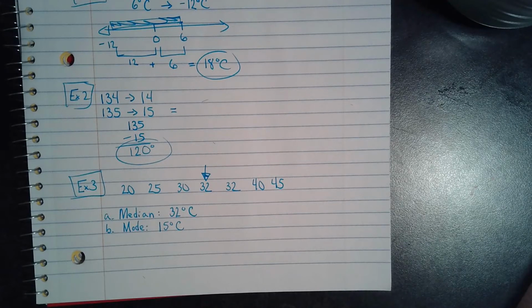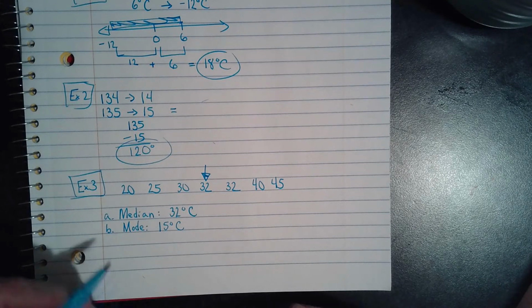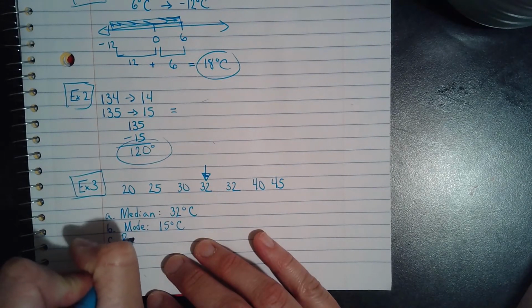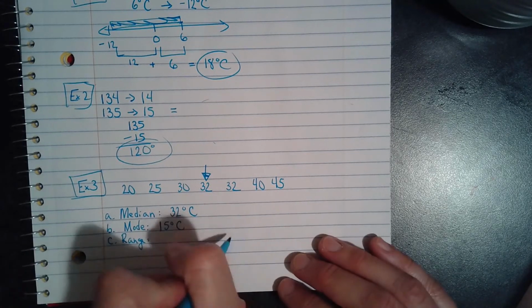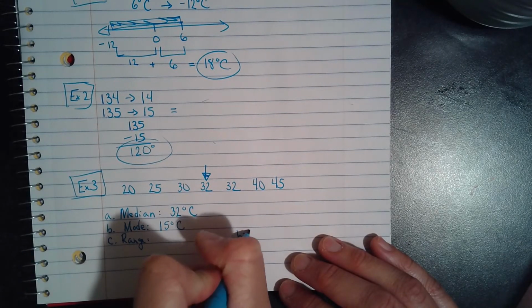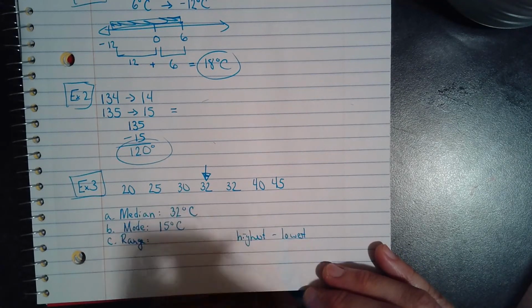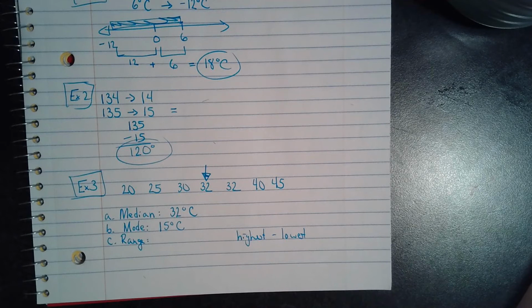And then for letter C, it asks us, what was the range of temperatures for the week? Well, in this case, to find the range is always the highest minus the lowest. So we need to find the highest of the high and the lowest of the lows, okay?